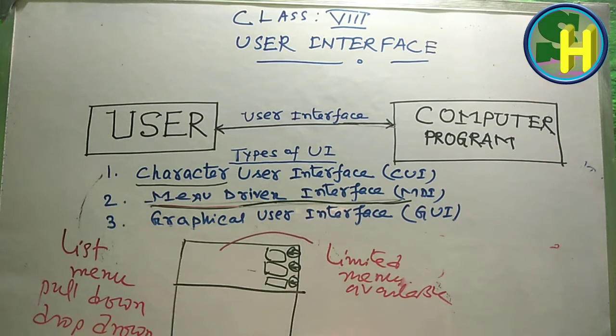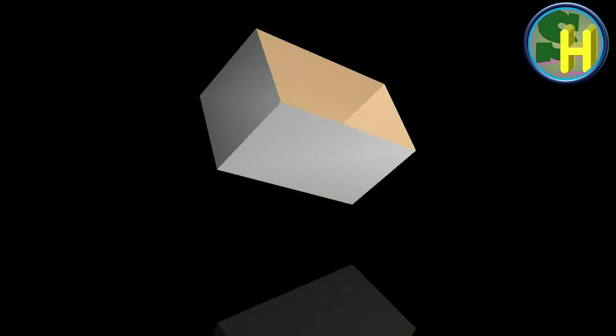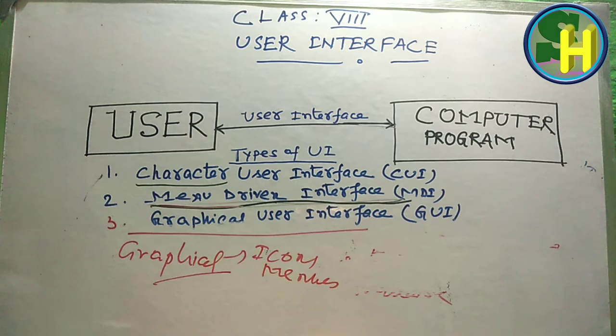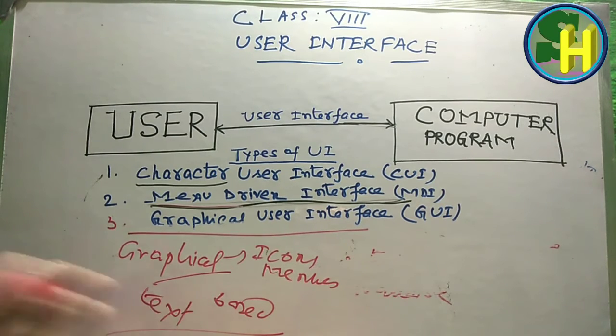Next is your graphical user interface. A graphical user interface is a form of user interface that allows the user to interact with electronic devices through graphical icons and audio indicators, such as primary notations, instead of a text based user interface, typed command levels or text navigation like a CUI.